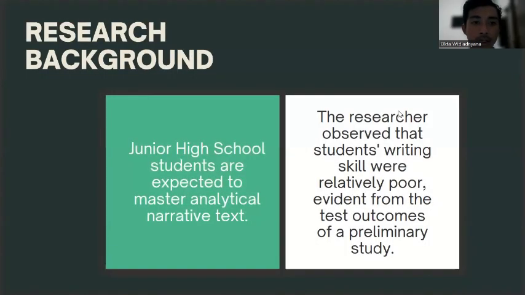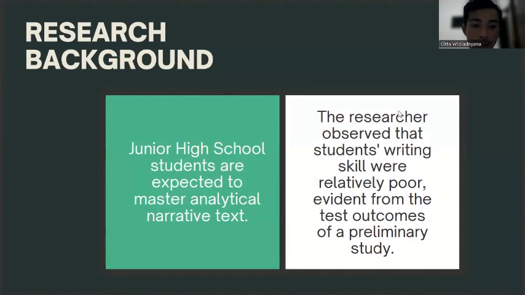Okay, research background or background of study. The first, junior high school students are expected to master analytical narrative text. The junior high school students hope to improve their writing skill.